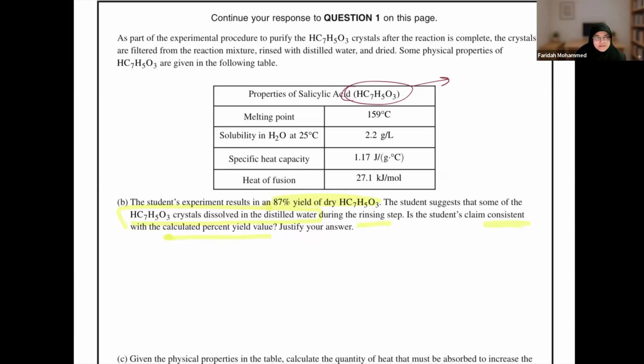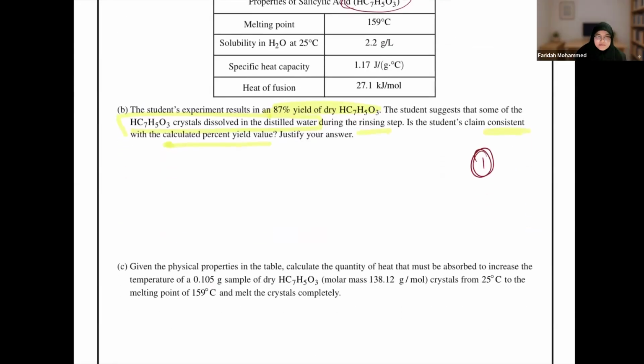So if you had said during the rinsing process, it should be right. Okay, if I just said throughout the process, would that still get the point or no? That should be fine. Yeah. But because you said filtration, that will be wrong. Okay. Any other question?